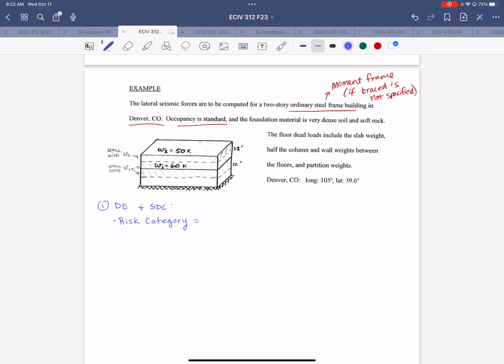And which risk category do you think that would put us in? Yep, very good. Risk category 2. All right, so most buildings fall under risk category 2 if there's nothing special about it. It won't be 3 or 4, and if it's standard occupancy, it won't be 1, because that's for places where you don't expect humans to spend much time.